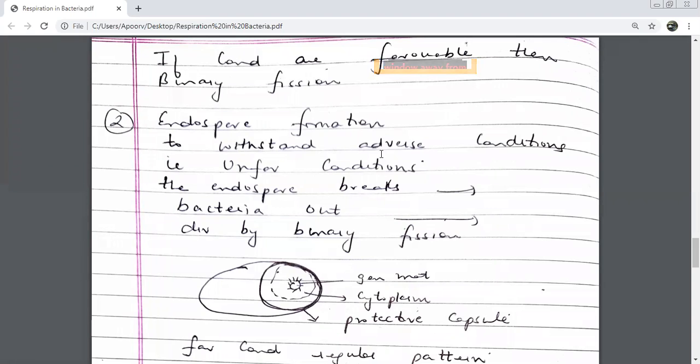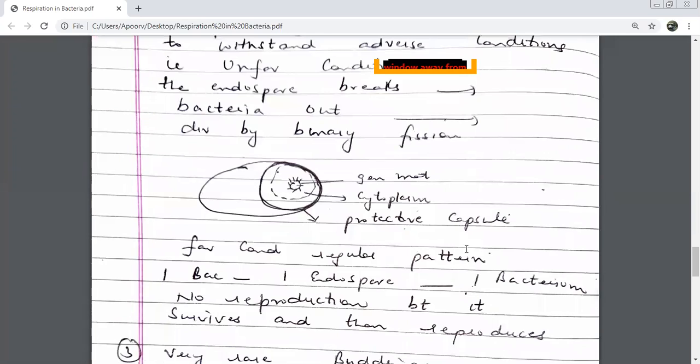Name the heading, beta. Endospore formation. Here the bacterium has a protective capsule. There was one bacterium, and after the capsule breaks only one comes out. So endospore formation is not itself a mode of reproduction, but what happens is after this bacterium comes out, it is going to survive and reproduce by binary fission.